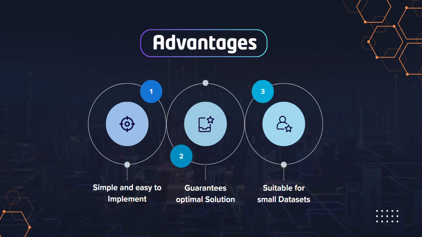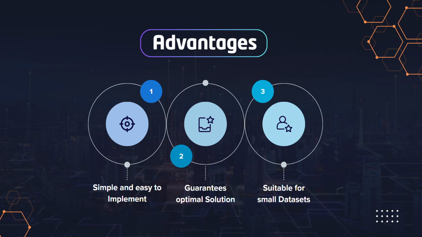My topic is advantages. Firstly, the approach is very simple and easy to understand. The algorithm follows a straightforward logic by generating and evaluating all possible routes between cities without using any complex optimization techniques. Secondly, the brute force method guarantees the optimal solution.